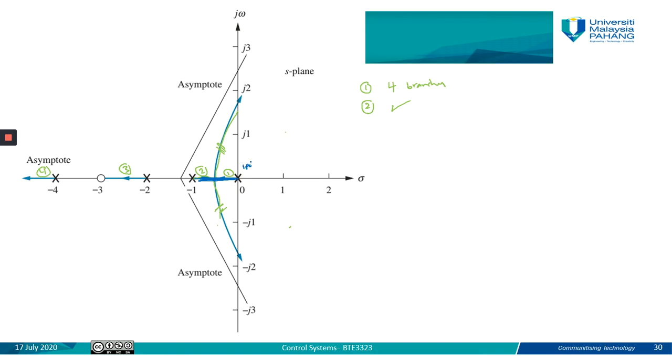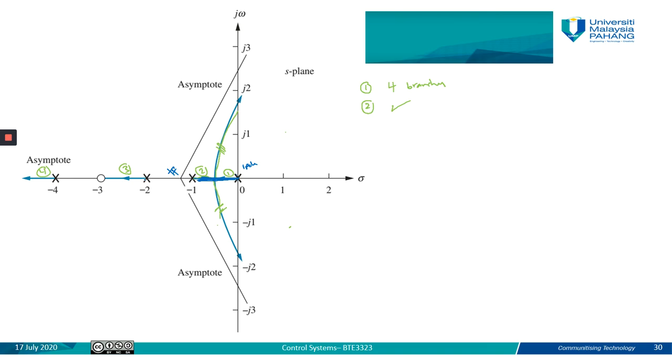Only one pole, so one pole is odd. So we are on the left of one pole, and we have a segment here. In this area there is no root locus because we are not on the left of an odd number; we have two poles here, and 2 is an even number.